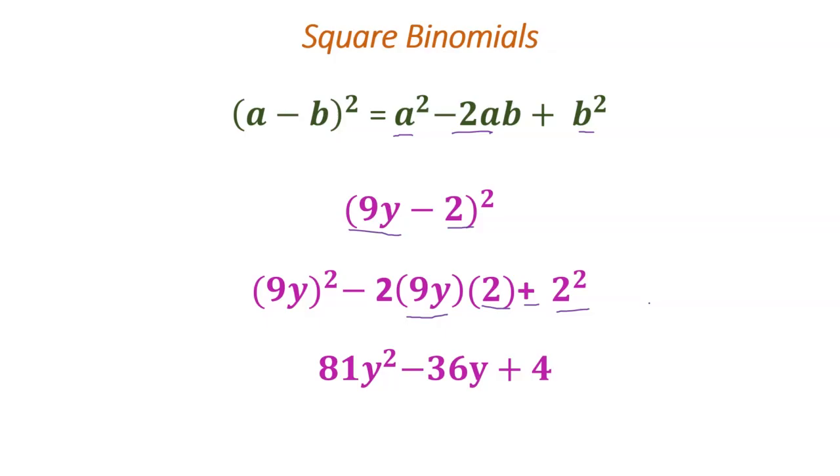So here is our final answer: (9y minus 2) whole squared is 81y squared minus 36y plus 4. Once again, you can write this twice as (9y minus 2)(9y minus 2), and you can FOIL it 4 times and then combine the middle two terms, and you will still end up having a trinomial.